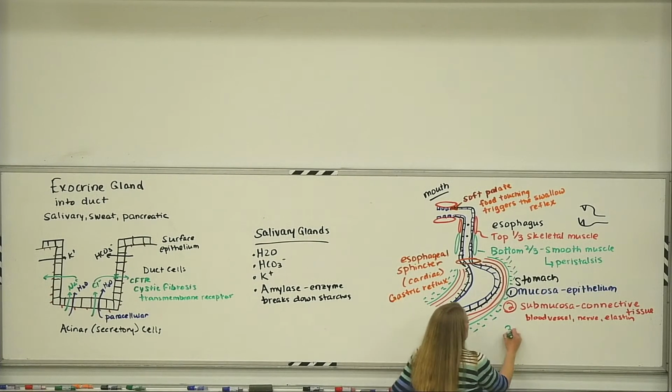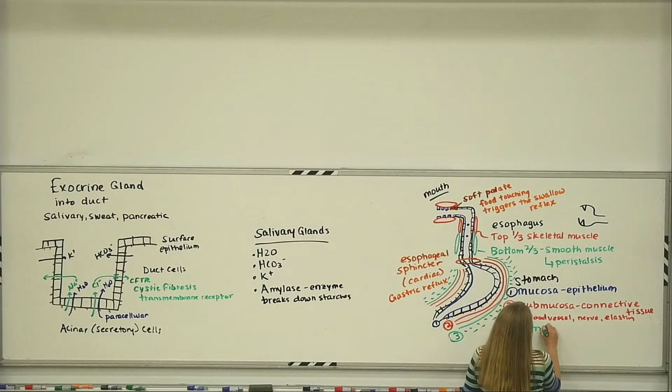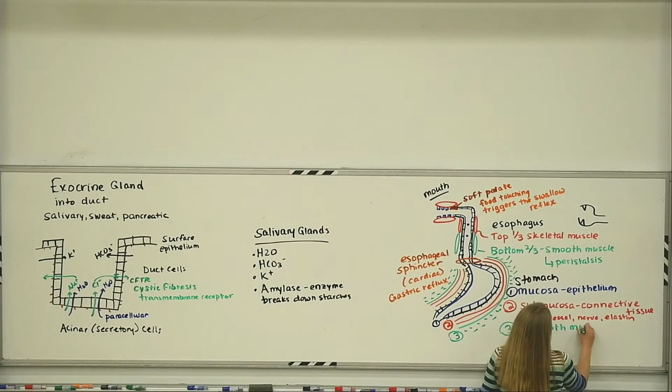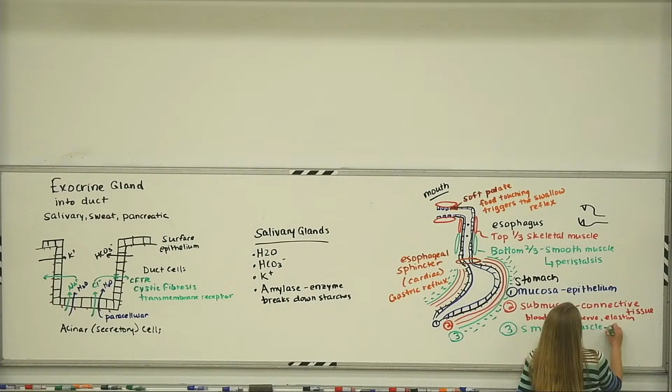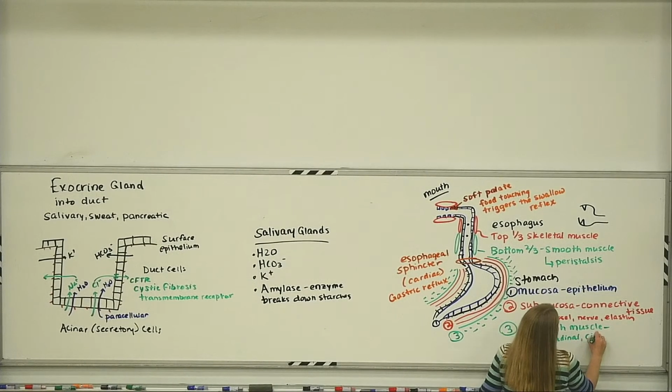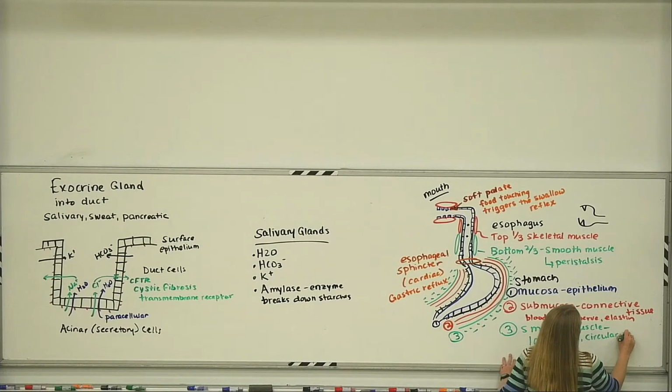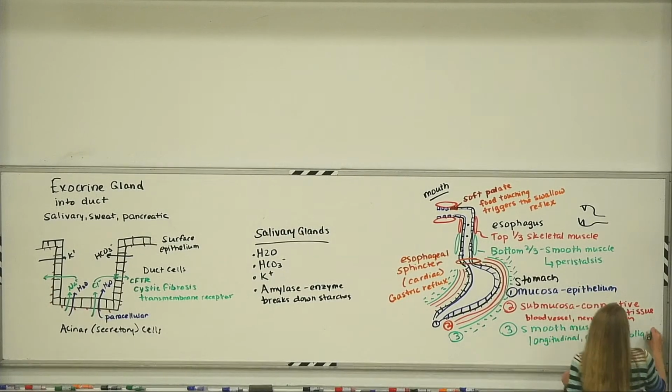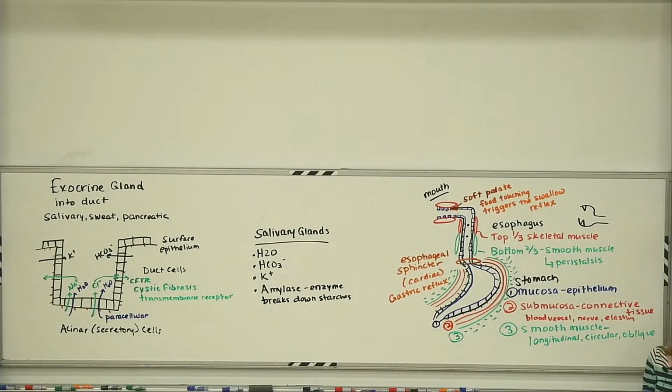So those are your smooth muscle layers: longitudinal, circular, and oblique. Again, the whole purpose of that is just to be able to move your stomach in every direction.